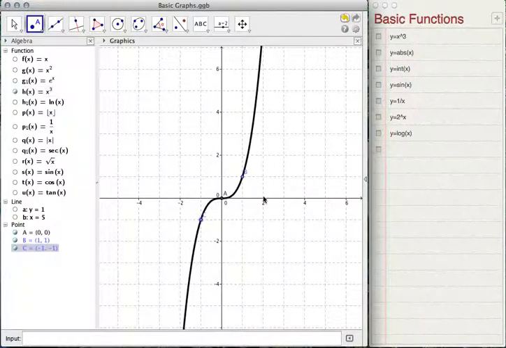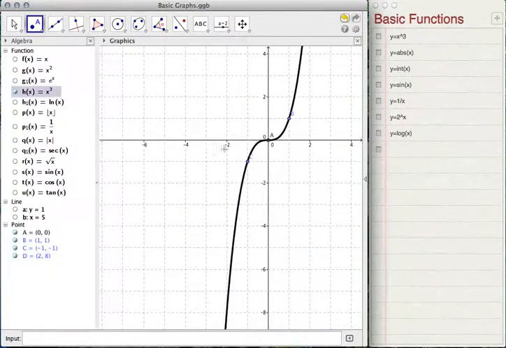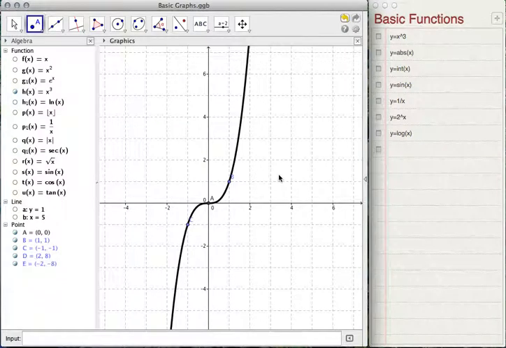But then if you have a chance to draw one more nice point, 2 cubed is 8, so (2, 8) is another key point that the cubic function goes through, and it's kind of opposite on this side. (-2, -8) is another key point. So there are 5 nice key points for the cubic function.